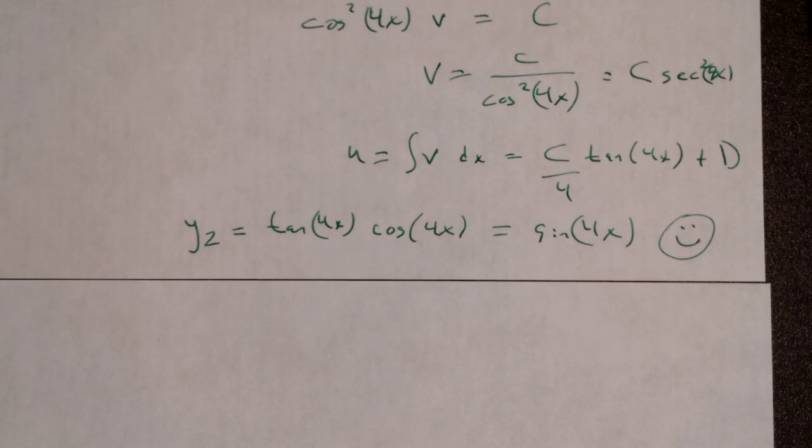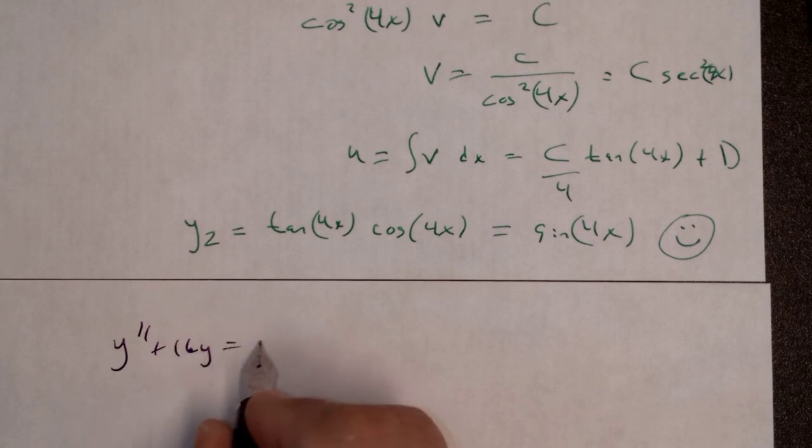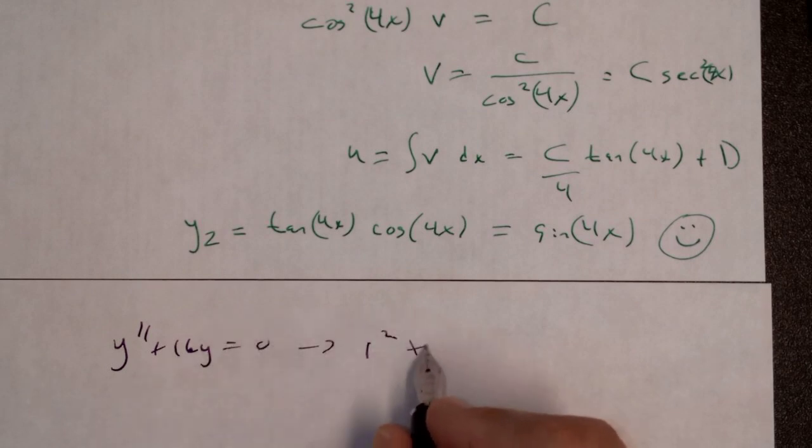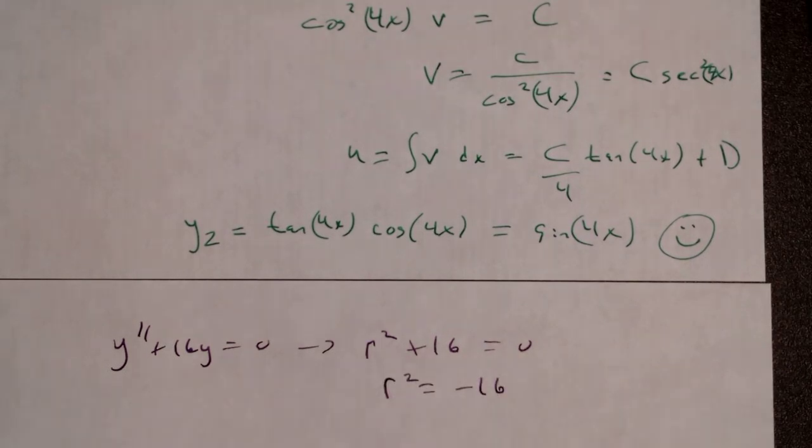What was the original differential equation we were solving? Which means that's r squared plus 16 equals 0, or r squared equals negative 16. I'm going to get complex numbers, and that means I'm going to get a sine and a cosine. As a matter of fact, what I get is r equals 0 plus or minus 4i.